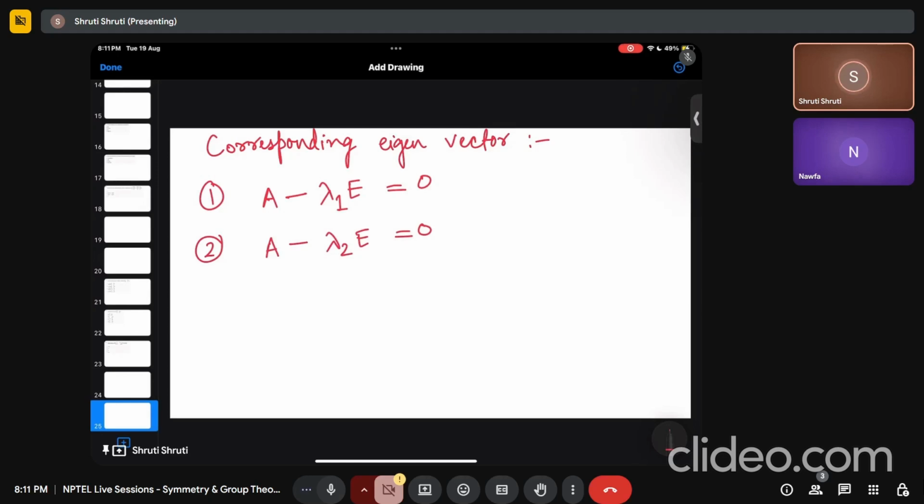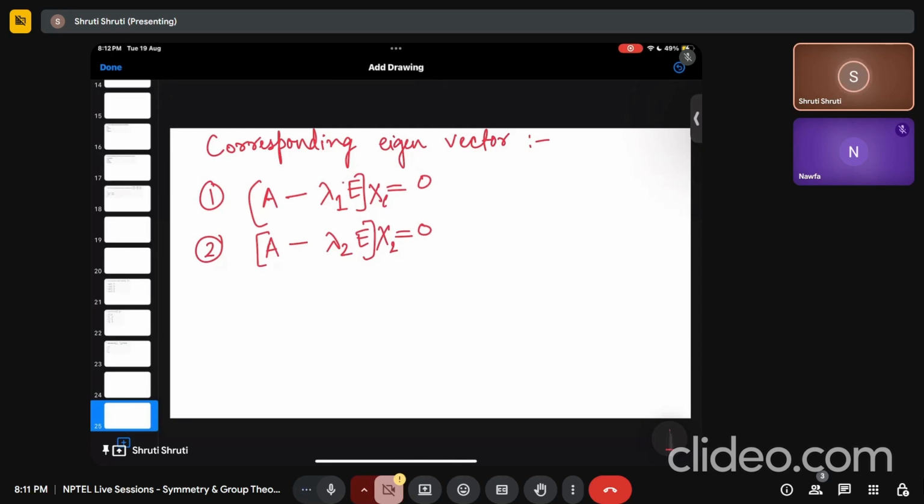So then you can write x1, x2. And then you can put these values of lambda.